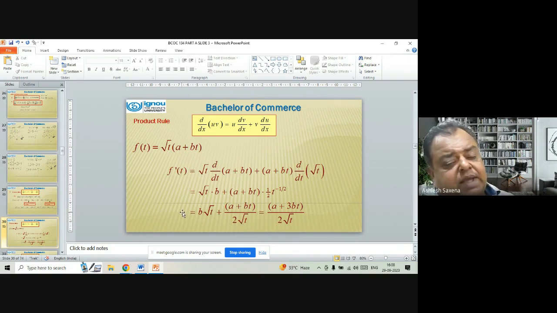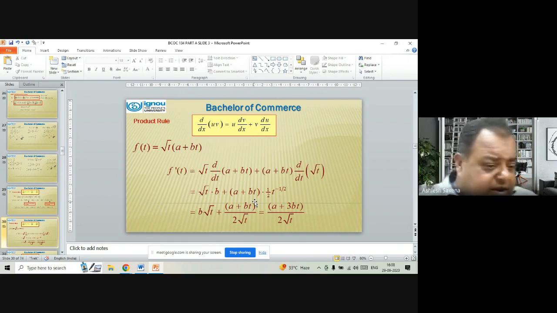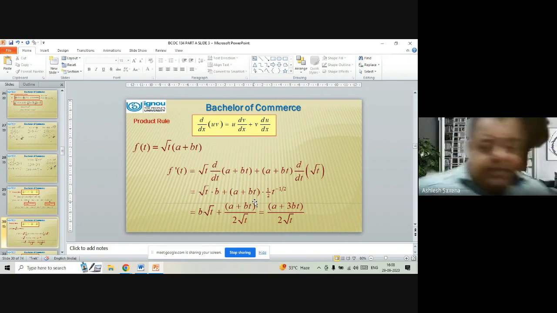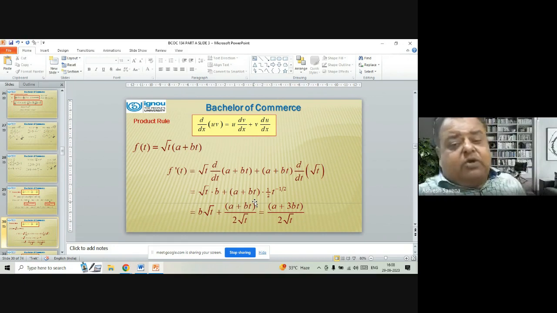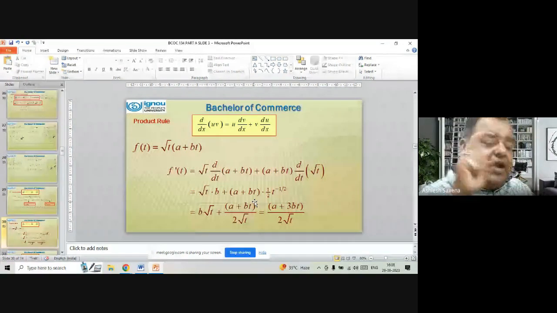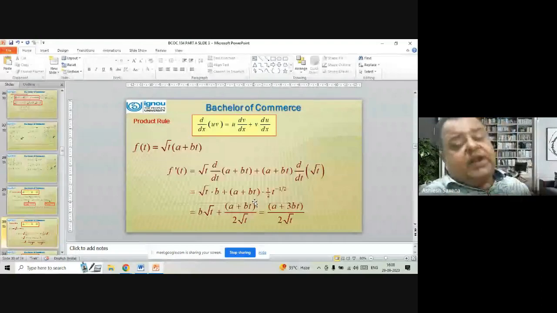We will be multiplying this and solving the numerator. In the numerator, we will get a plus 3bt upon 2 root 2. Remember, root t into root t is t only, and t into t is t square.